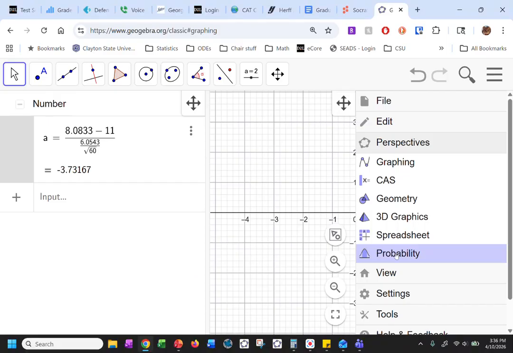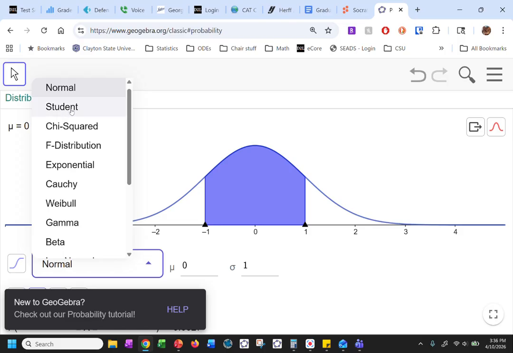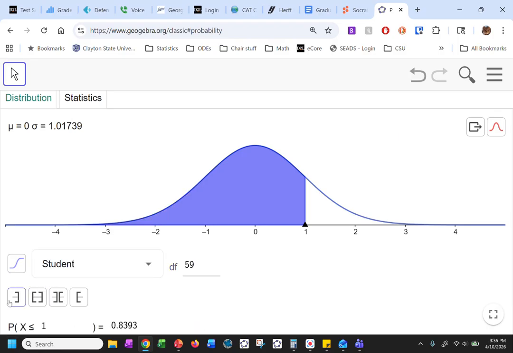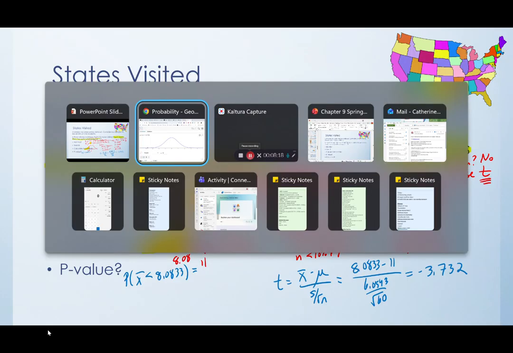Okay, probability. Remember, we're doing a t-distribution, so you got to change this to student t-distribution. And our degrees of freedom was 59. We are doing a left-tailed, a less than, and it was negative 3.732.